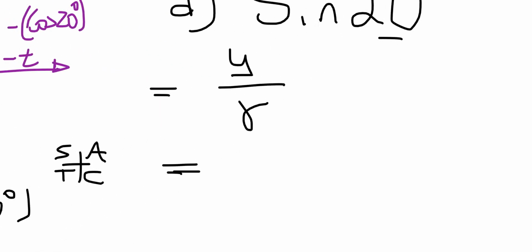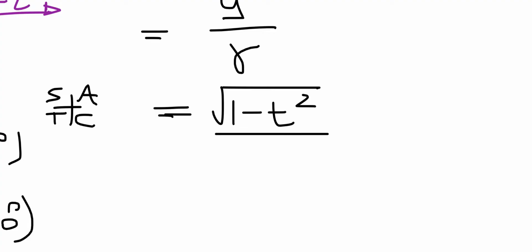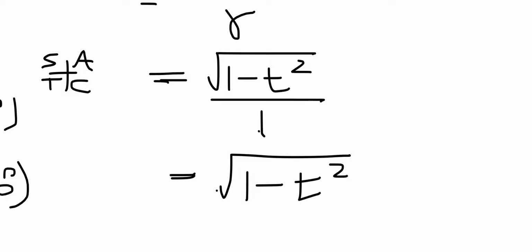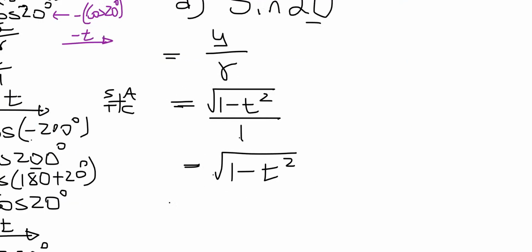So here we have square root of 1 minus t squared divided by 1, which is equal to just square root of 1 minus t squared. And that is the end of it.